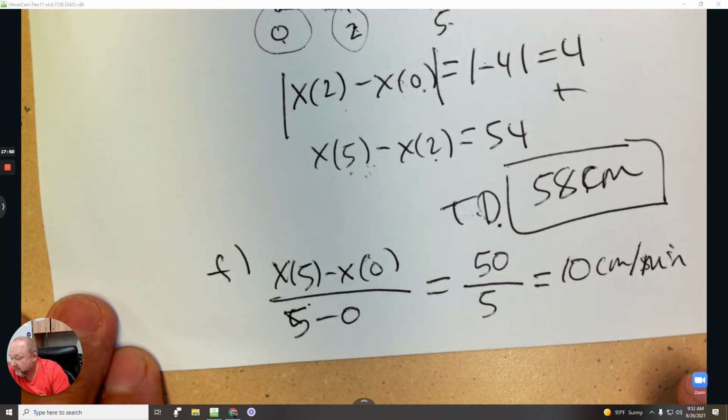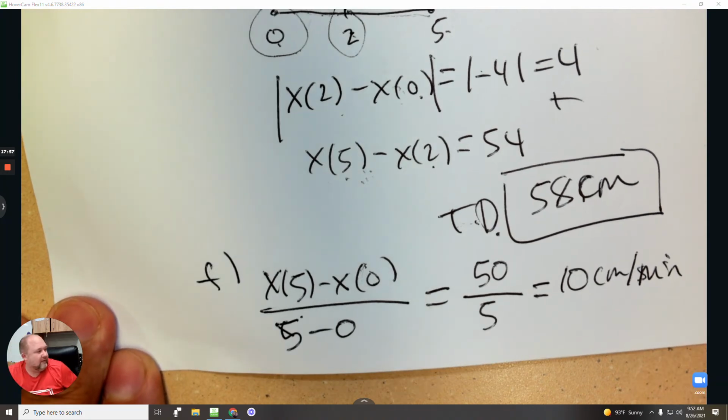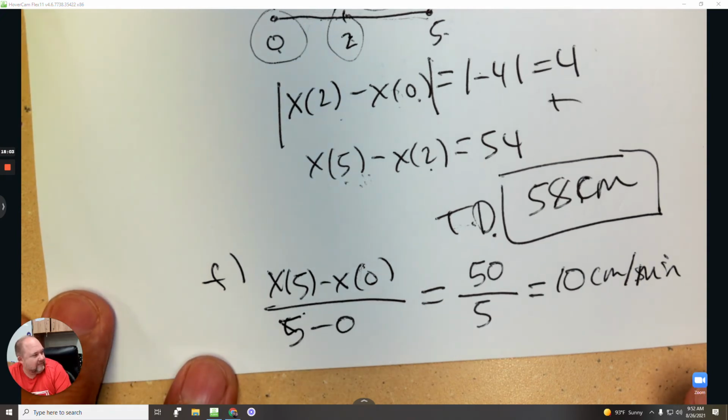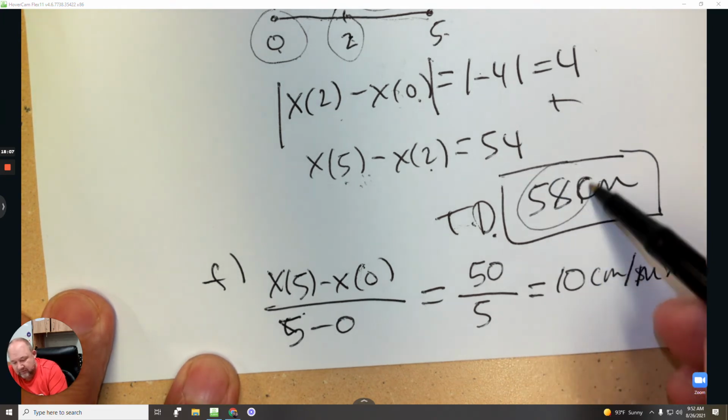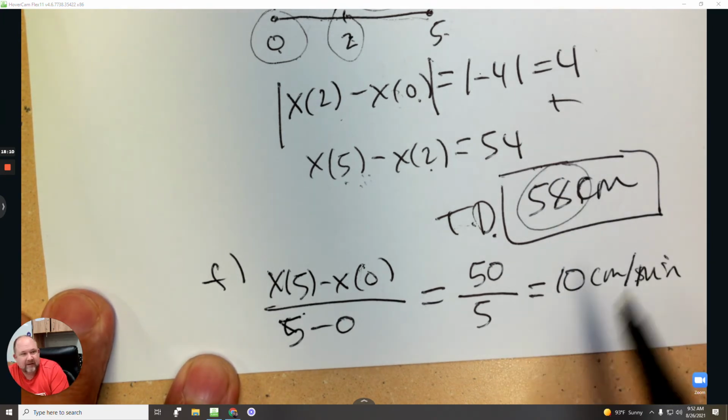The last one is find the particle's average speed between 0 and 5. So for the average speed between 0 and 5, we would use the total distance and divide it by the time.